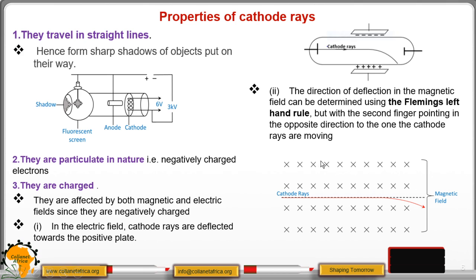For instance, in our diagram here, we have the magnetic field represented as X, which implies that the field is pointing inside the paper, or in other words, it's away from you. So if you point the first finger away from you and then the second finger in the opposite direction of the cathode ray, you do this practically, then you find that the thumb will point downward, showing that the cathode rays will be deflected downwards.